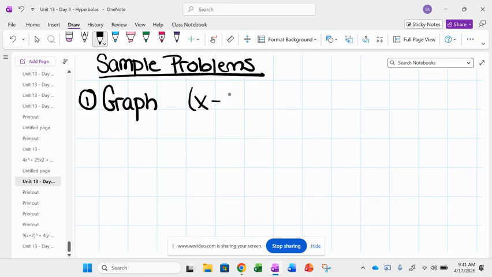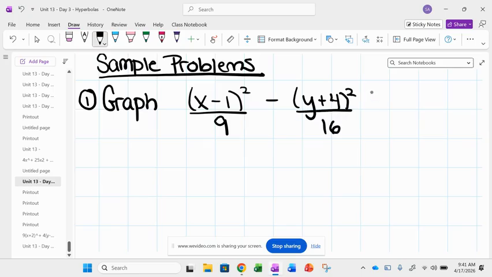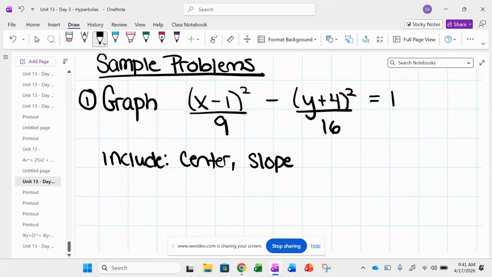The equation reads (x minus 1) squared over 9 minus (y plus 4) squared over 16 equals 1. So I want us to include the center, slope of the asymptotes.